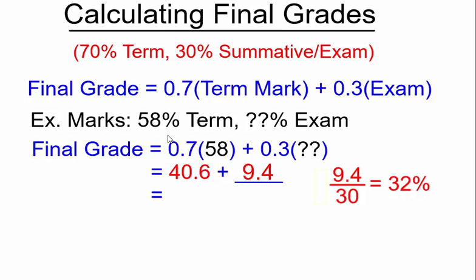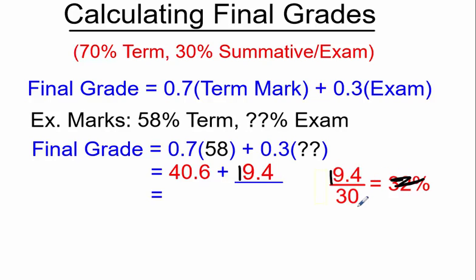If I'm interested in raising my mark from a 58 to a 60, for example, I now need 19.4, because I need to get this number and this number to add to 60. So I need to get 19.4 out of the possible 30 marks.